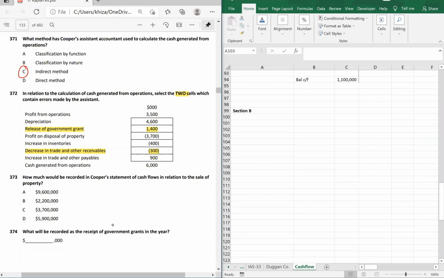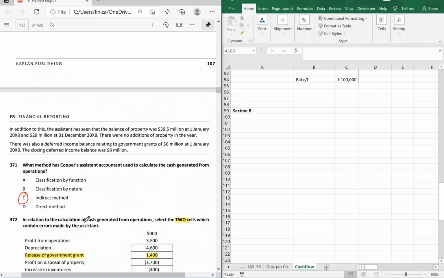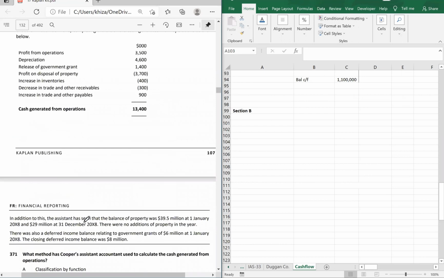Next, how much would be recorded in Cooper's statement of cash flows in relation to the sale of property? Okay, what information was given to us? This, along with certain information on the top. Okay, try this. Sale of property.